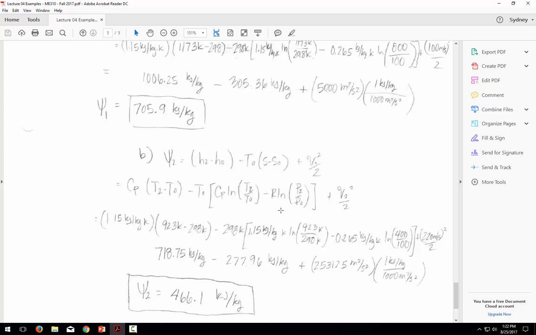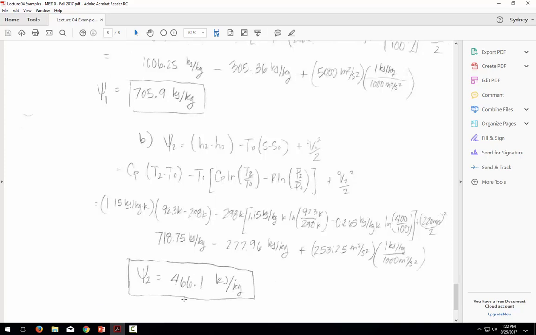Again, using Gibbs' second equation allows us to find the change in entropy for an ideal gas, assuming constant average specific heats. We plug in all the numbers, convert from meters squared per second squared to kilojoules per kilogram, and we find that the exergy at the outlet is equal to 466.1 kilojoules per kilogram.